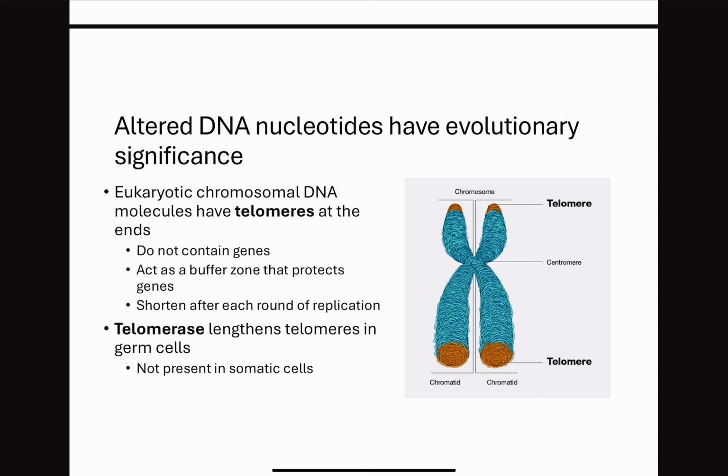Most of these mutations are harmful, but a really small amount of them can be beneficial. So mutations are the source of variation on which natural selection operates during evolution, and they are ultimately responsible for the appearance of new species.